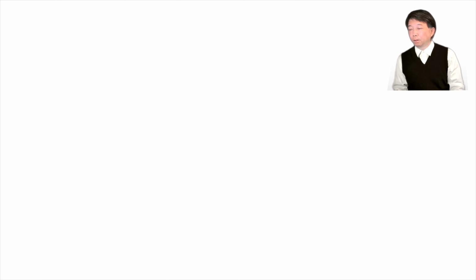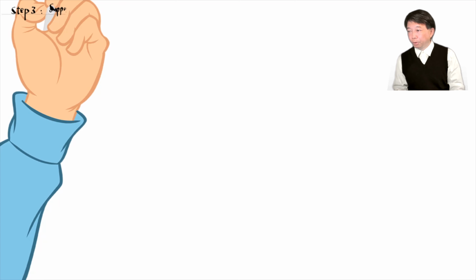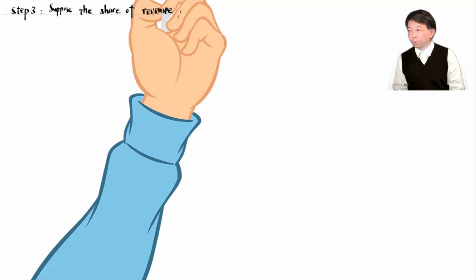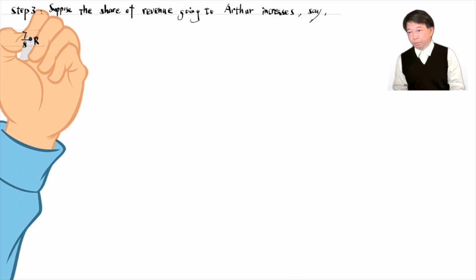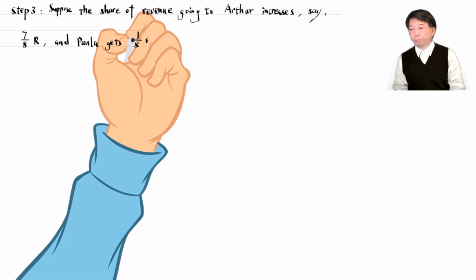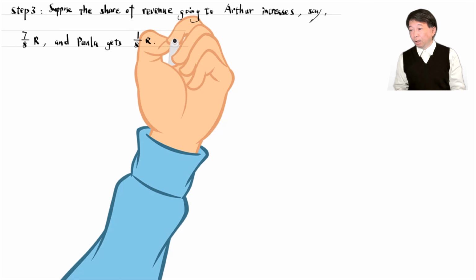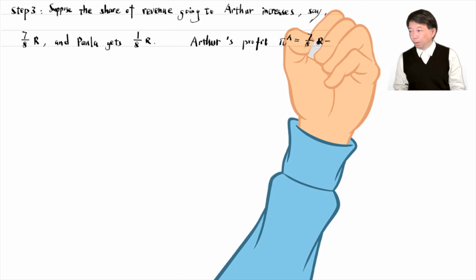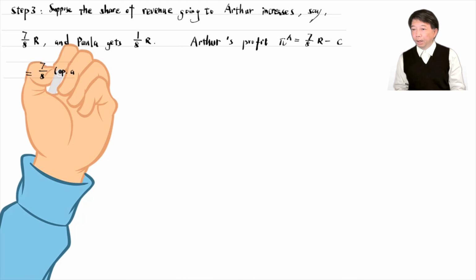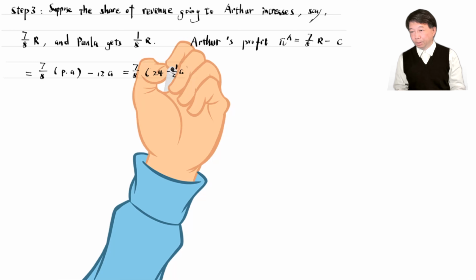In the third step, we figure out how the joint profit changes as more revenue goes to the agent. Say, Arthur receives 7/8 of the revenue and Paula gets 1/8. The agent maximizes his profit by producing 10 2/7 units.